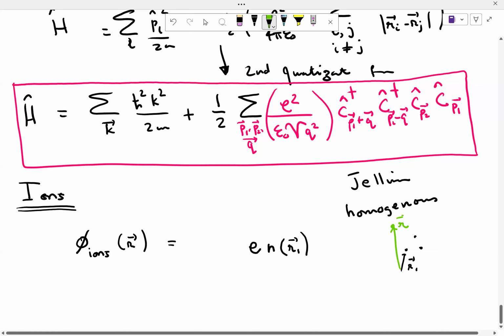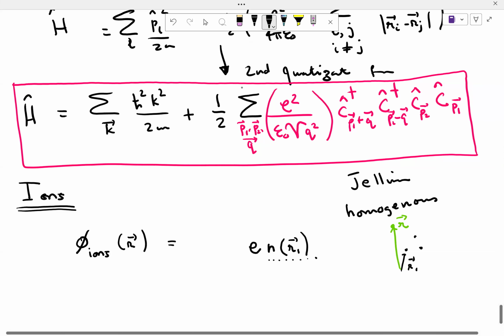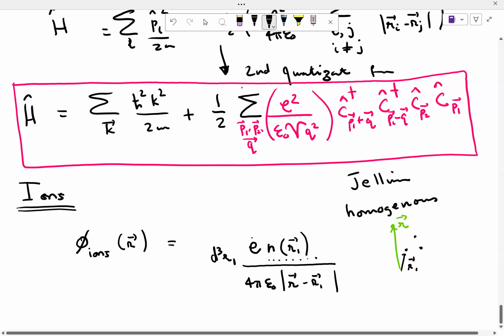So this is the problem that we have in front of us. So the number density is at r1. You multiply this with the charge on an ion. Suppose that is e. You're assuming monovalent atoms. And then you have 4 pi epsilon naught times r minus r1. And then you integrate over all the locations of the ions, d cube r1. This is my electric potential, correct?